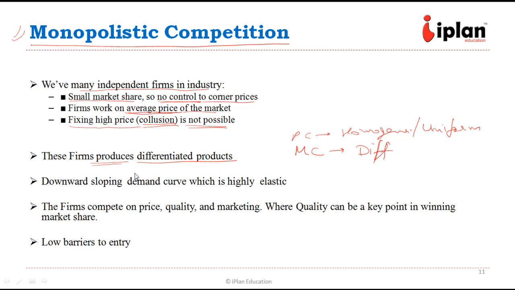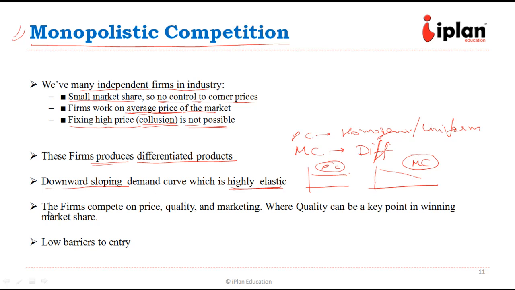So our demand curve is downward sloping, although it is still highly elastic but not perfectly elastic, which was the case in perfect competition where our demand curve was horizontal, perfectly elastic. This was perfect competition. While in the case of monopolistic competition, our demand curve is still very elastic but not horizontal, not perfectly elastic. It will be something like this. Downward sloping, highly elastic.